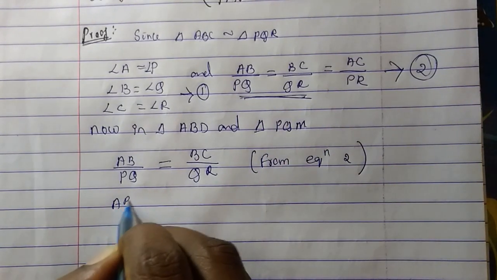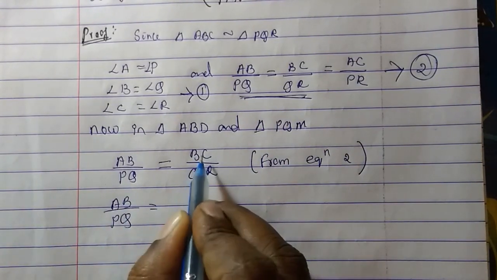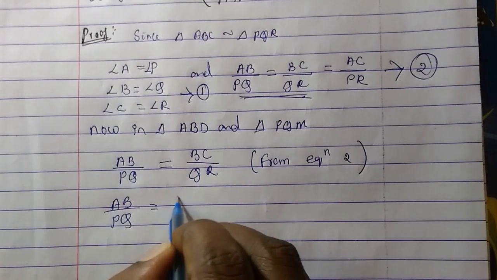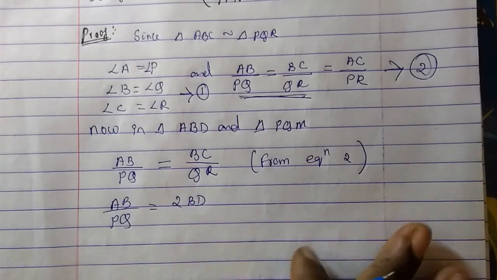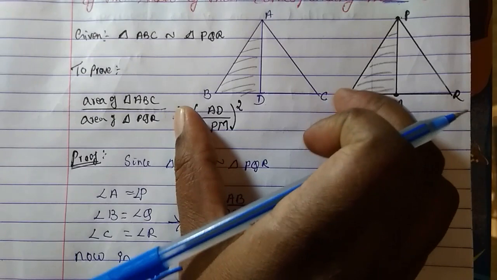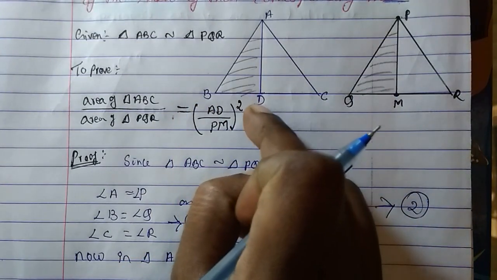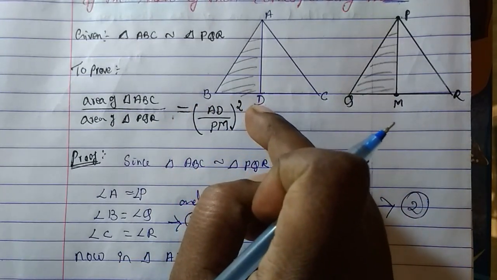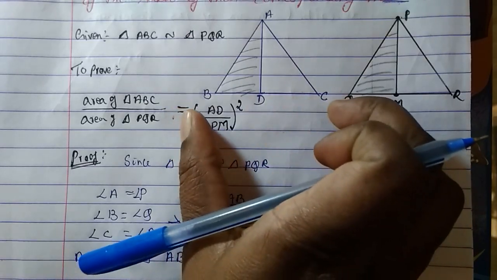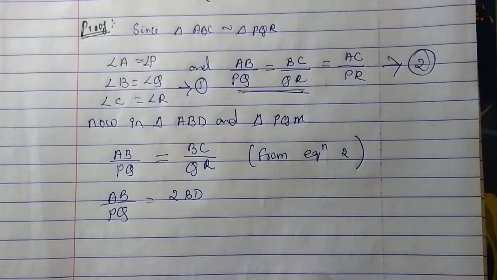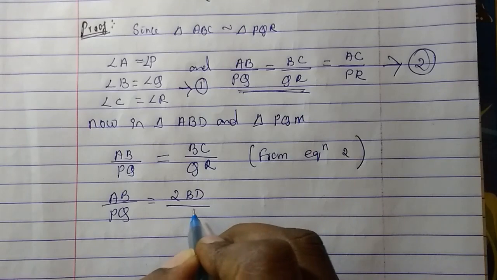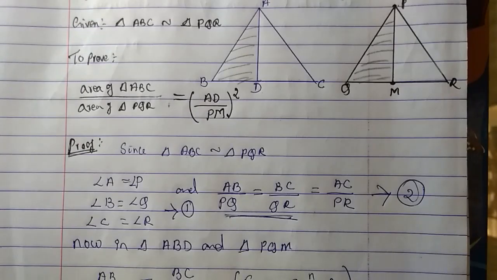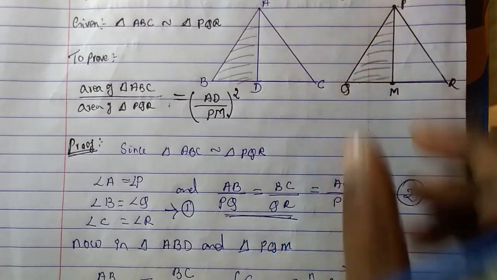So we'll write AB upon PQ equal to, instead of BC, 2 times BD. I told you that this is a median, D is a midpoint, equally dividing BC. In the same way QR also can be written as 2 times QM.